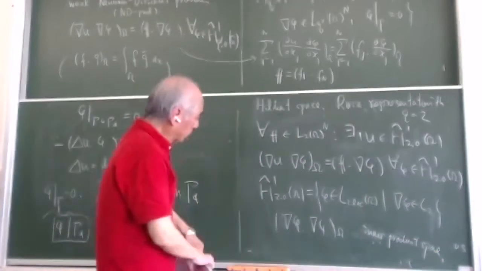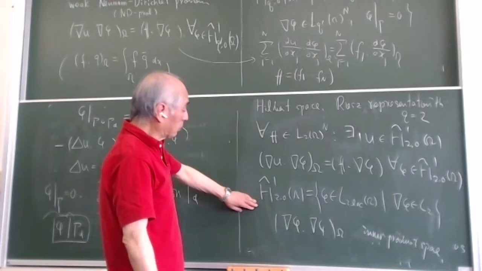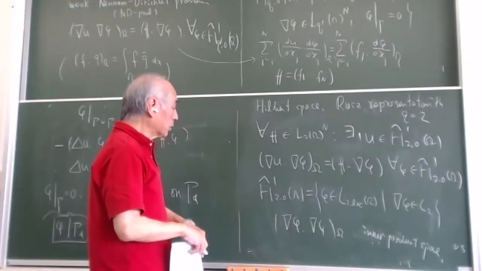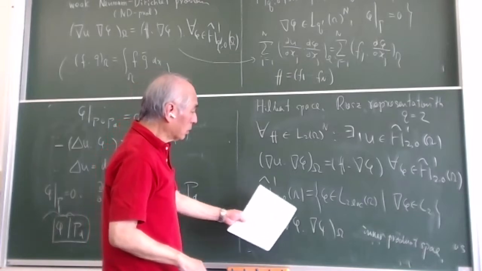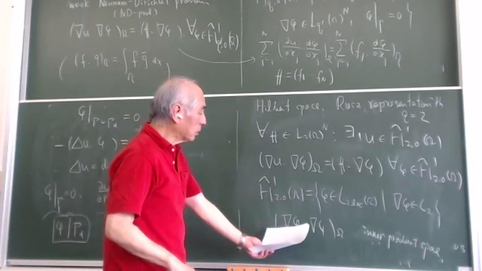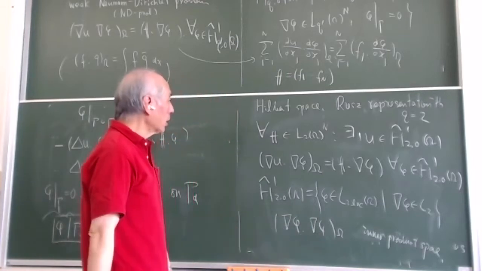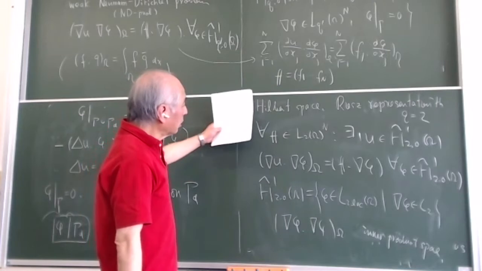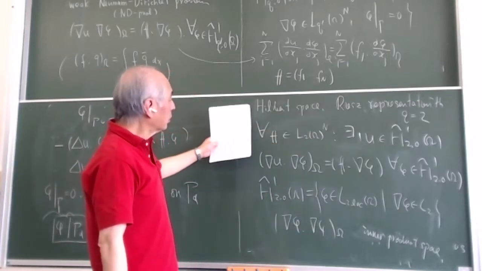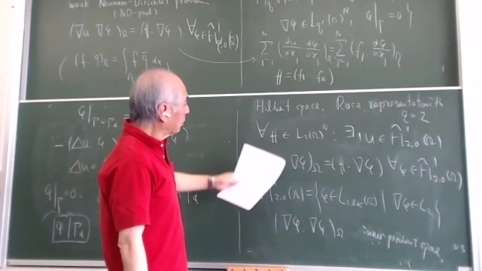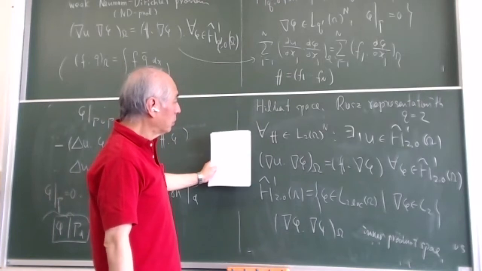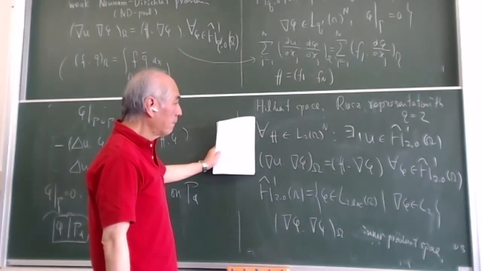Of course, you have to show the completeness, but maybe it's okay. We assume that we know the completeness of this space with respect to this norm. Then you can apply the Riesz representation theorem in Hilbert space theory. So you know the existence of a unique solution to this problem.